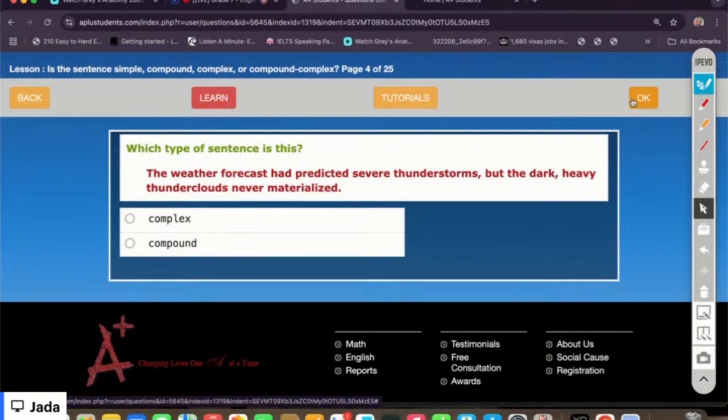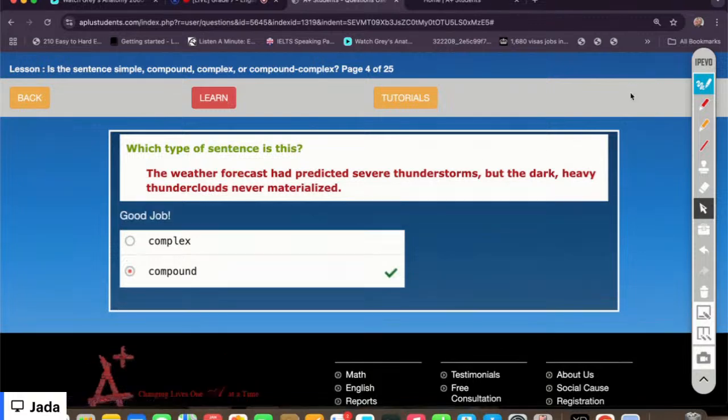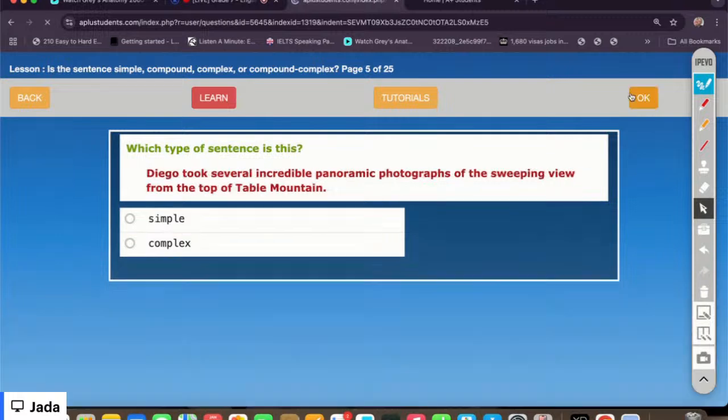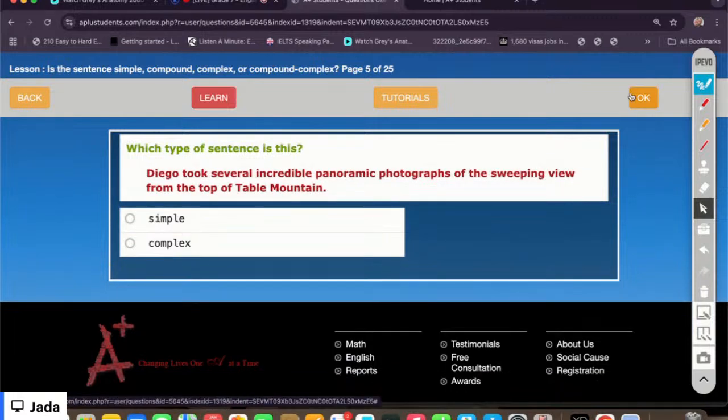What do you think? So, we still have a compound sentence because we have the conjunction there, "but."